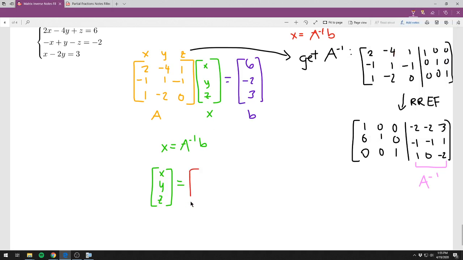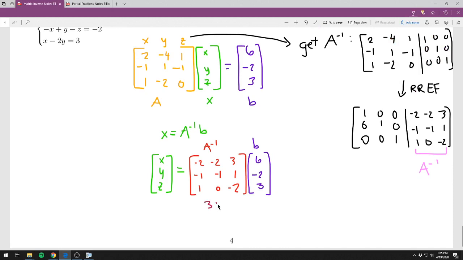So A inverse, I'm going to plug in what we got there: -2, -2, 3, -1, -1, 1, 1, 0, and -2. And we multiply by B. Now, once again, remember the order of multiplication matters. If you switch this order around, you won't even be able to multiply it. But this you can multiply.